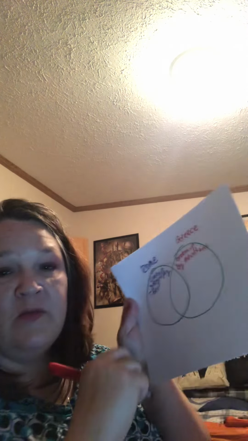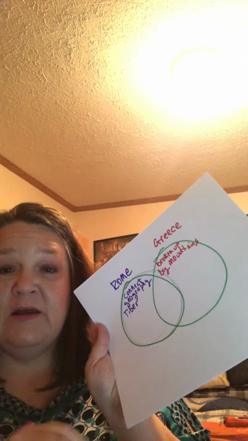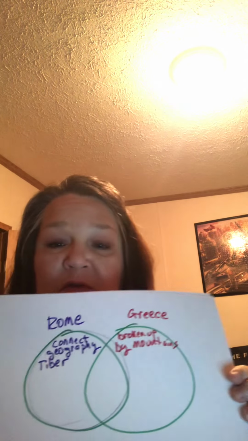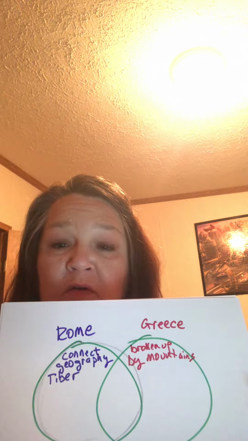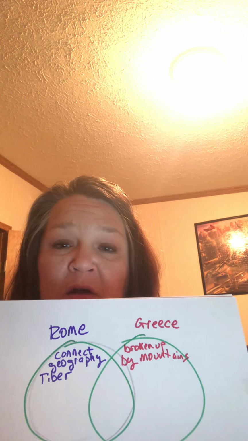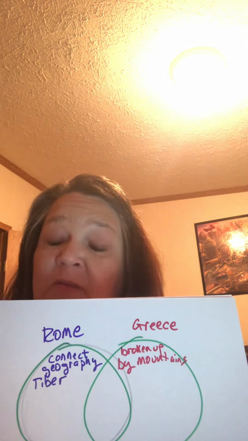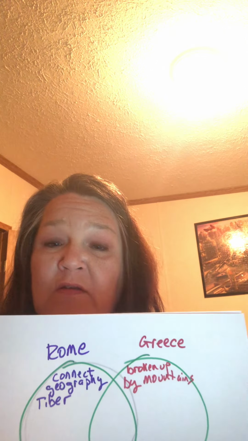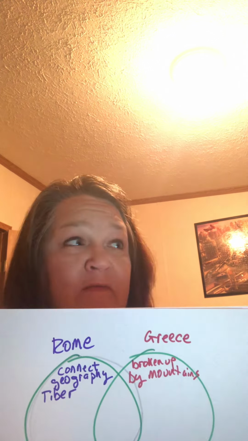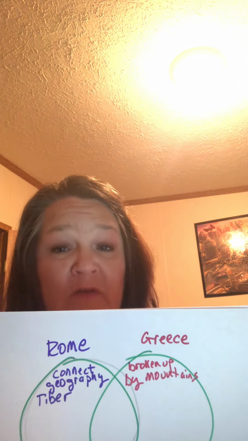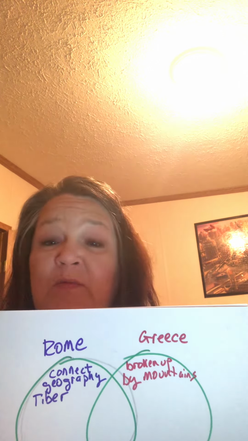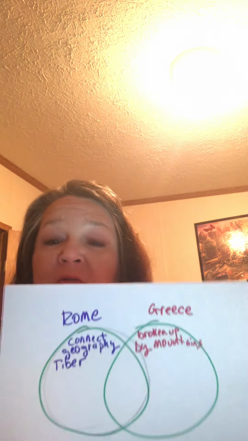That's why the polises came together separately. I'm going to hold this here for a second so you can take a look. The cities came up separately because they were physically separated by mountains. They had very different styles of government and so on, like the difference between Athens and Sparta that we talked about.